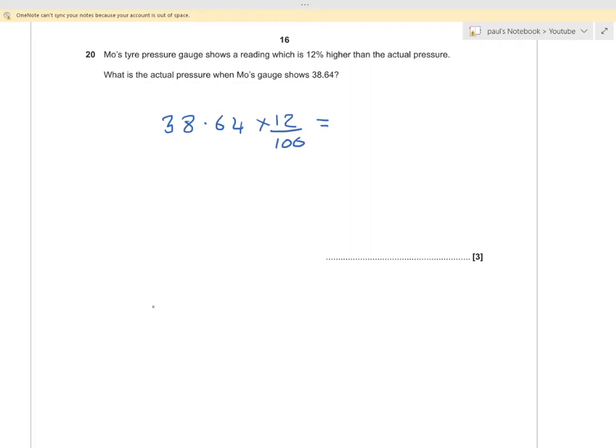That's 4.6368. So if I add these two together, 38.64 and 4.6368.